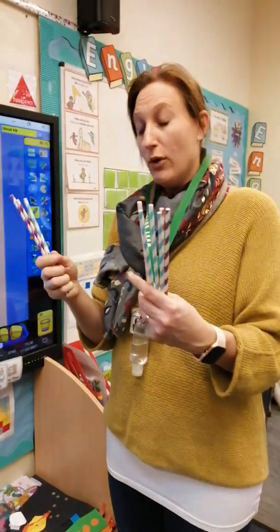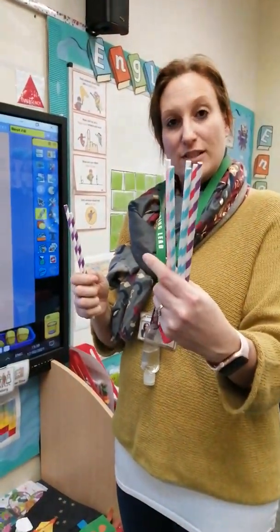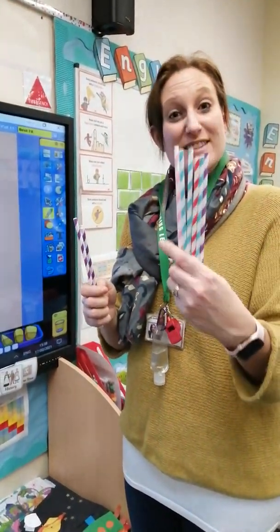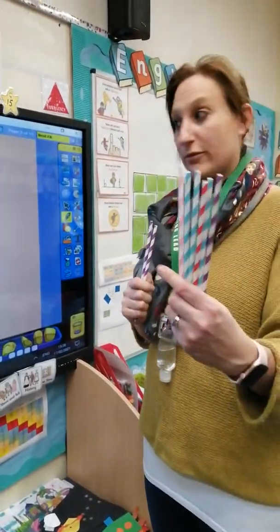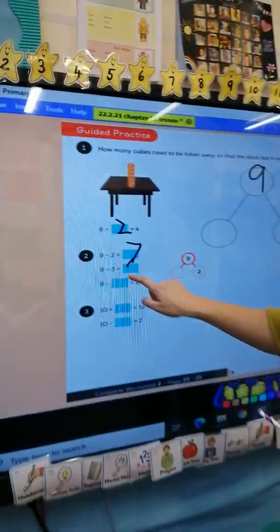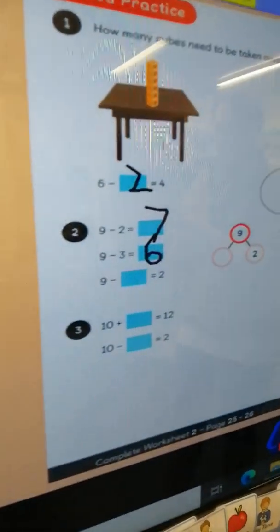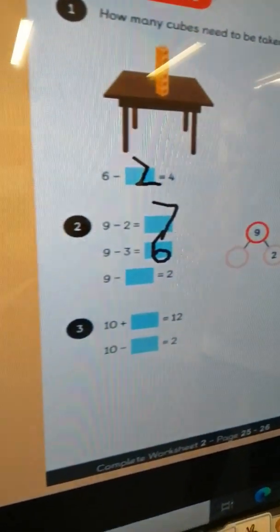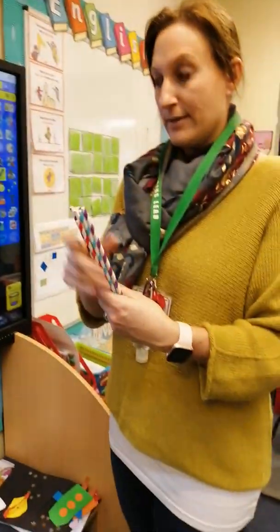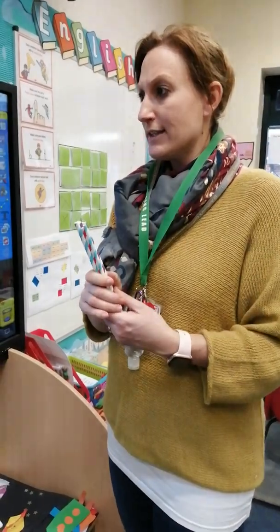Right, if I'm going to take away 3, I'm going to take away 1 more. So look, this part has gotten smaller by 1. So instead of 7 now, I've got 6. 9 take away 3 leaves 6. How many do I need to take away just to leave me with 2? If I start with 9 straws, 1, 2, 3, 4, 5, 6, 7, 8, 9. How many do I need to take away to leave me with 2?